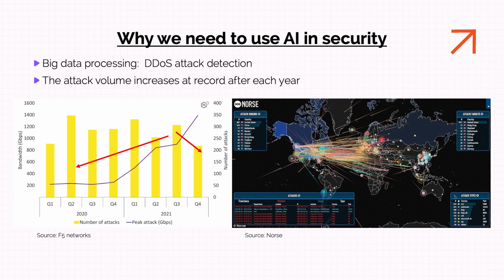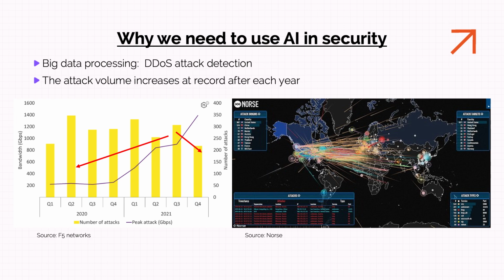If you look at the screen, this is the attack traffic between many countries: the United States, Europe, China, Taiwan, India, and many others. The attack traffic just increases over the years, up to about gigabits per second or even 3 terabits per second.